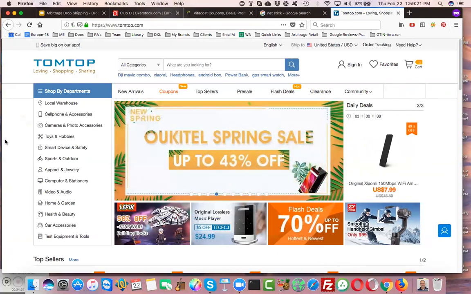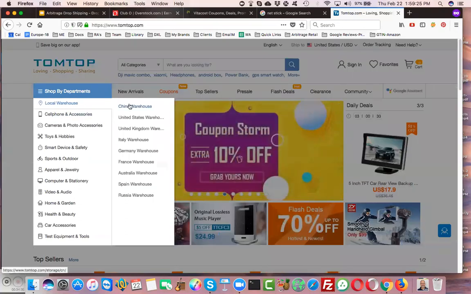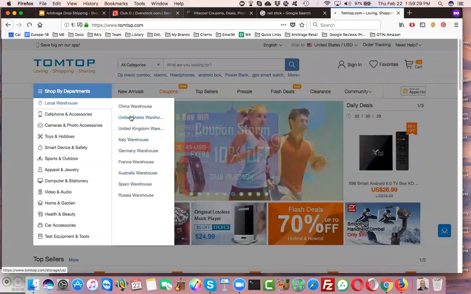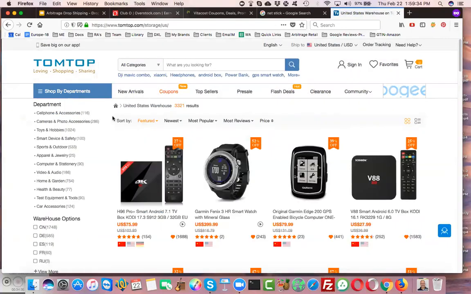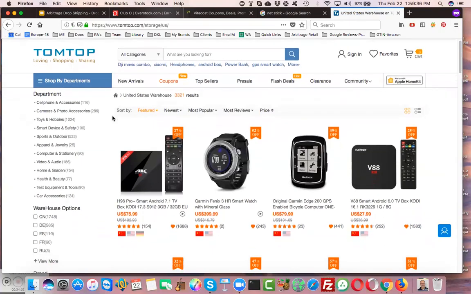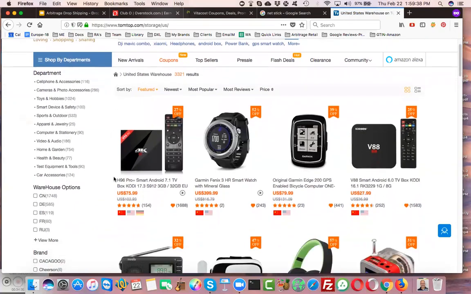Now, if you go on the left, you will see local warehouse, the second one. You go to United States warehouse, and then you will find tons. If you see the different flags, you will know where they have warehouses. Let's say you take the first one, this remote control.